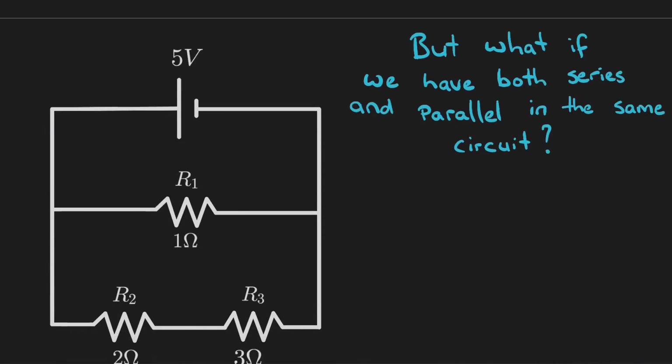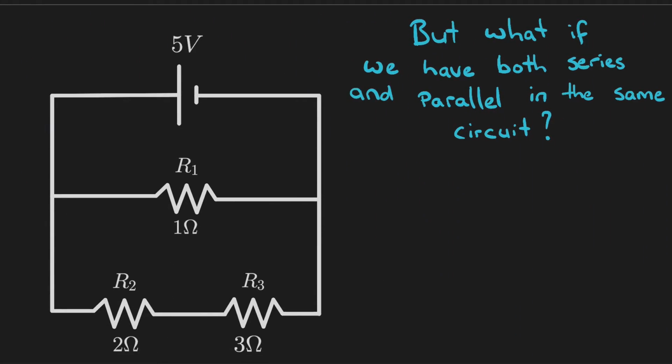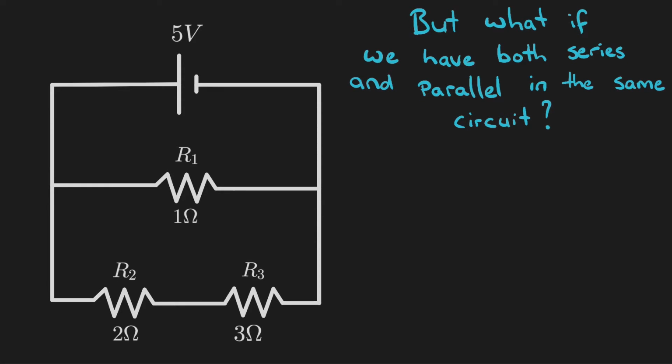But what happens if we have both these series and parallel circuits in the same circuit? So how I would tackle this is I would actually find the equivalent resistance again, but it's a lot easier to work out individual branches.